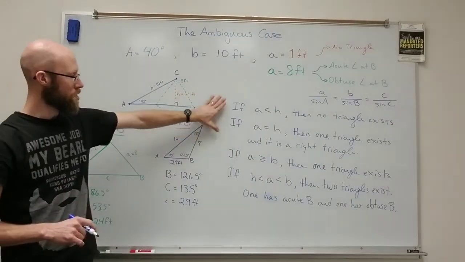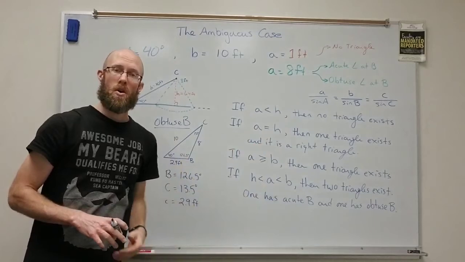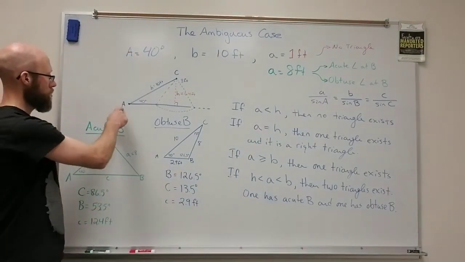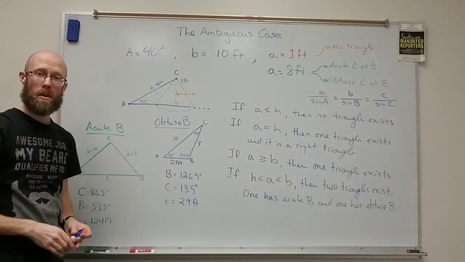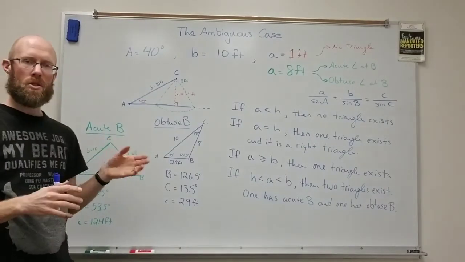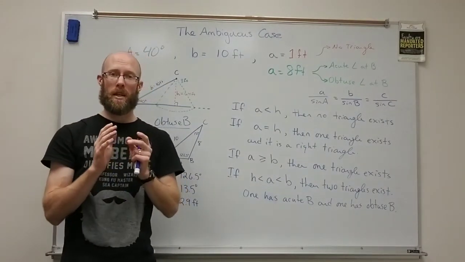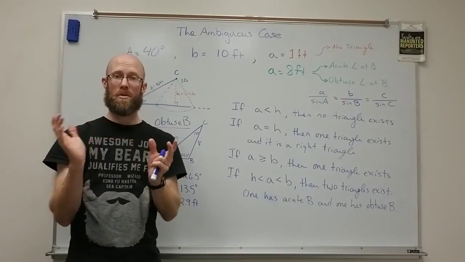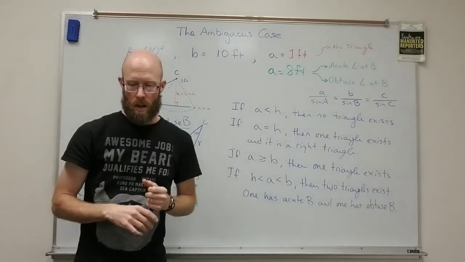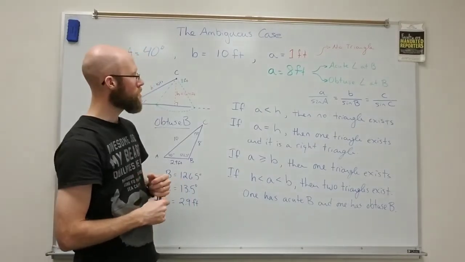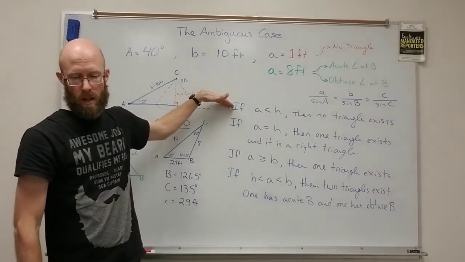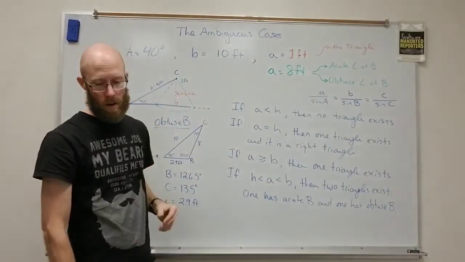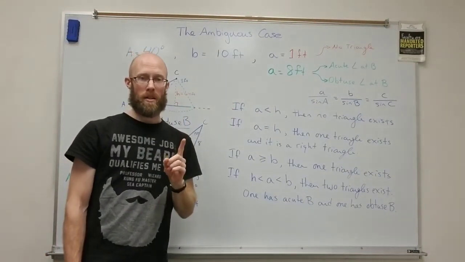So this all occurs when your angle A is acute. Now you get a very different scenario if that first angle, the given angle, is itself obtuse. If that opens up obtuse, then you either have the scenario where no triangle exists, or you have a scenario where only one triangle exists.